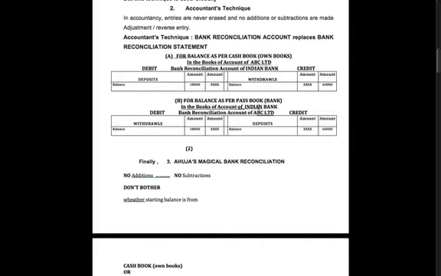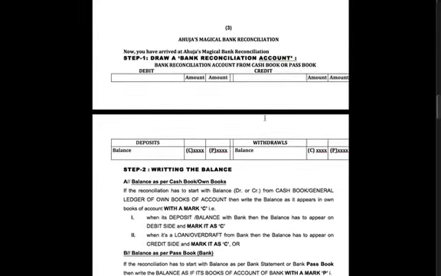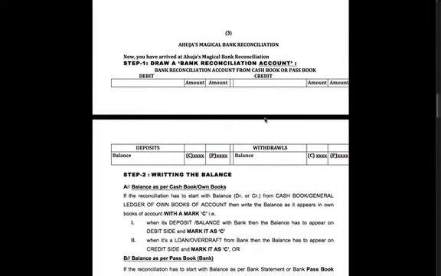And similarly if the balance is credit, then deposits, because it's the bank's liability. So we had written deposits and withdrawals here, but in this case you don't have to write deposits or withdrawals. It is simply debit and credit.